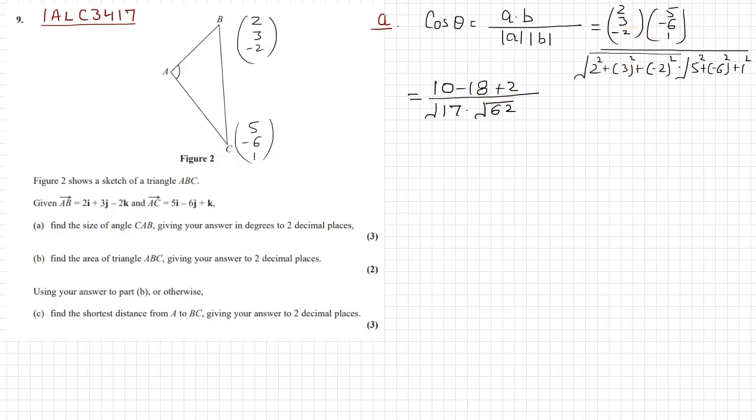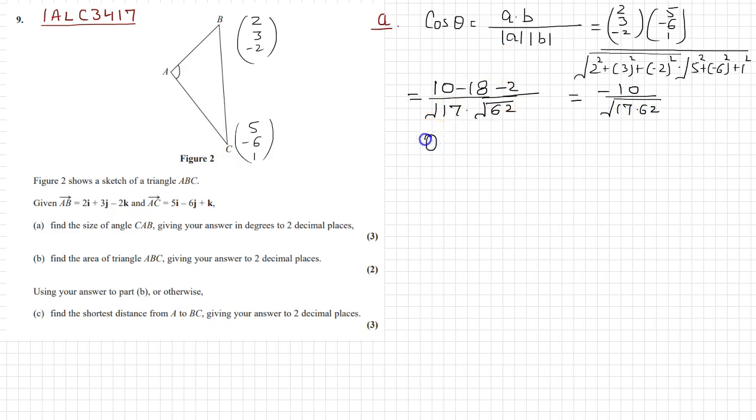This is negative. So what we have is negative 10 over root 17 multiply 62.